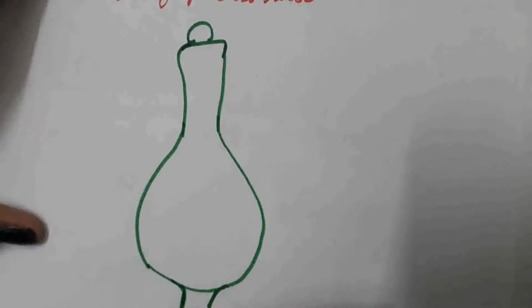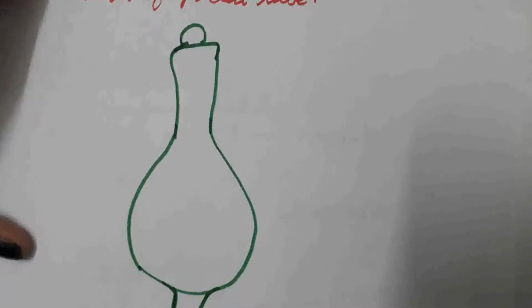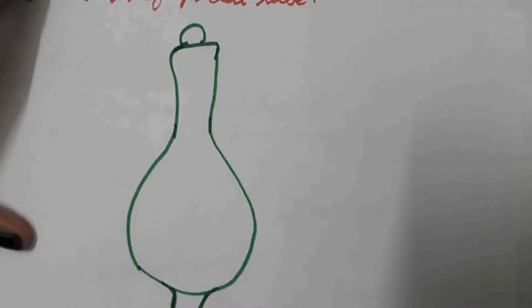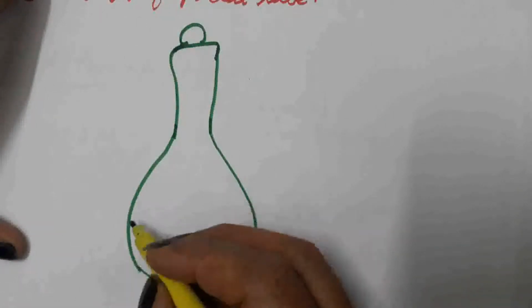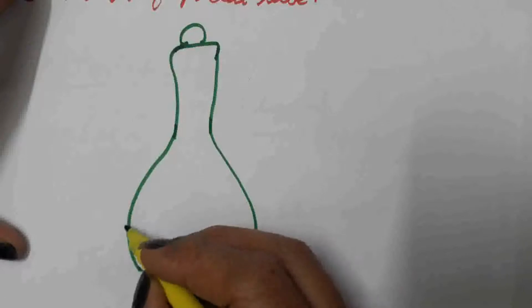Inside the ovary, ovule is present. Ovule is anatropous type, which is a type of inverted ovule which is present inside the ovary. This is the diagram of ovule inside the ovary.